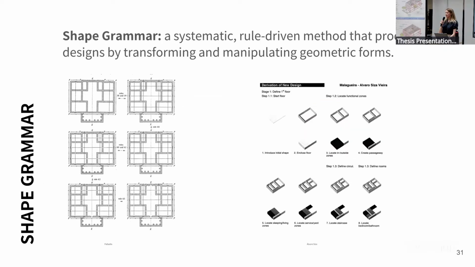Then in developing a more comprehensive system, I applied the idea of shape grammar, which is a systematic rule-driven method that produces designs by transforming and manipulating geometric forms. Historically, this was used by designers like Palladio, who created rules for how walls were applied in the plan, as well as Alvaro Siza, who created rules based on circulation.